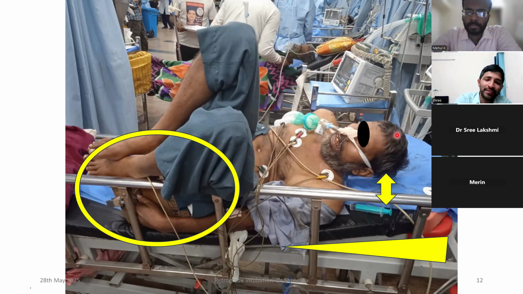You could not even flex it or extend it in order to expose the laryngeal cartilages more. So it was technically not possible for us to perform a surgical cricothyrotomy. And since this patient had sort of a cannot ventilate, cannot oxygenate situation, retrograde intubation is a contraindication in this patient. And if possible, a surgical cricothyrotomy should have been performed.